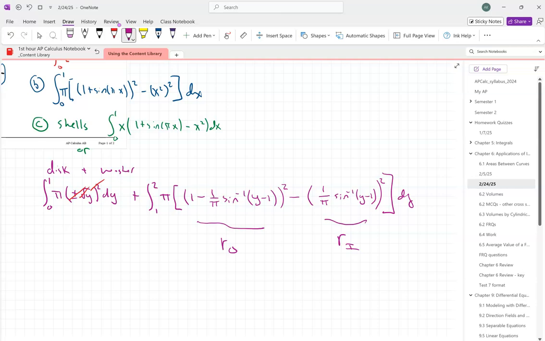I didn't have to break the integral into two chunks, which is not that bad, but would I rather do one integral or two? I'll take one most of the time if you give me the option. But that's the idea. You could have done it either way.